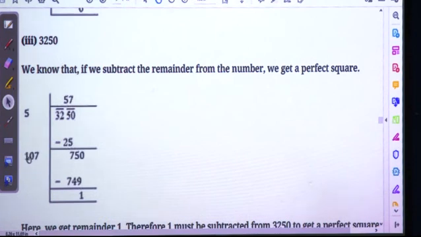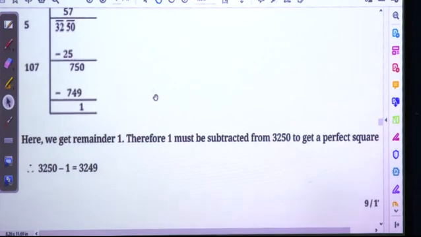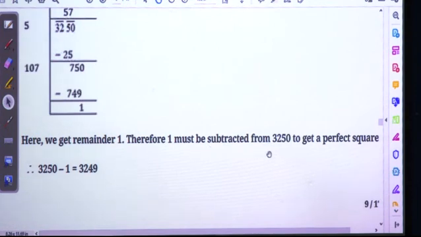Double of the quotient is 10. We attach the digit 7. 107 multiplied by 7 becomes 749. The remainder is 1. Therefore, 1 must be subtracted from 3250 to get a perfect square.